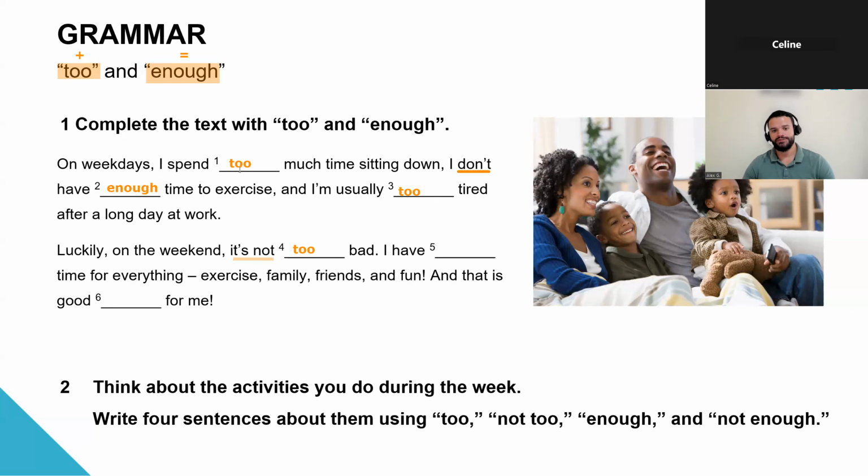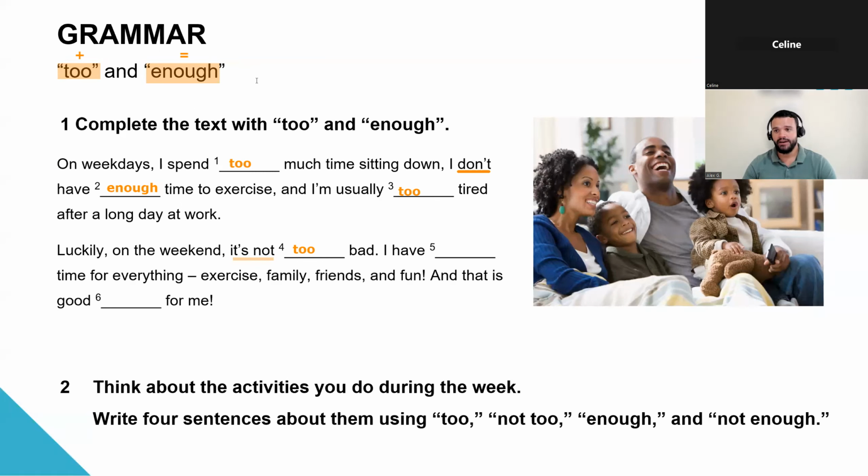So always when we use too, it has to be something that's overabundant and it makes something negative. For example, demasiado calor, demasiado trabajo, demasiados deberes, demasiado estrés. It's always something bad. Siempre tiene que ser malo, okay?